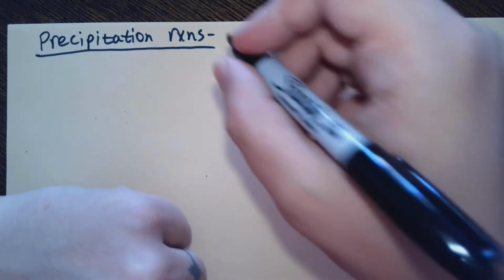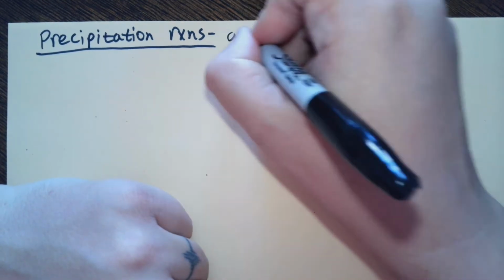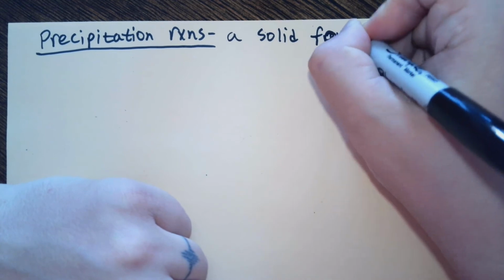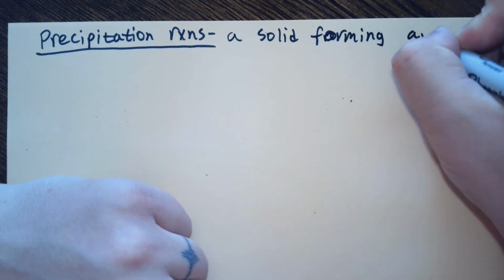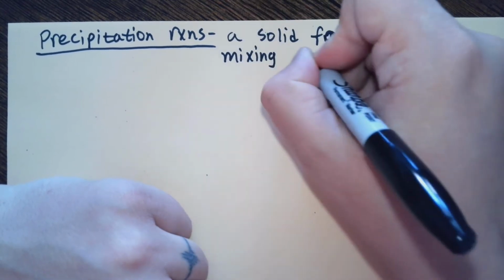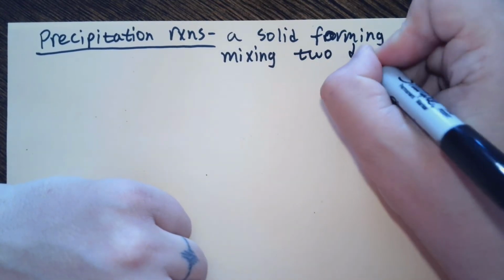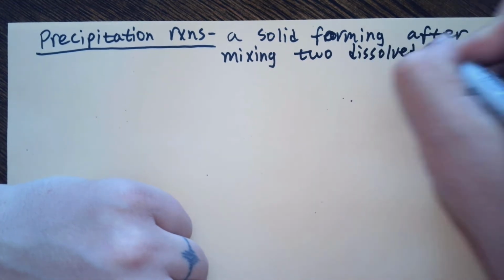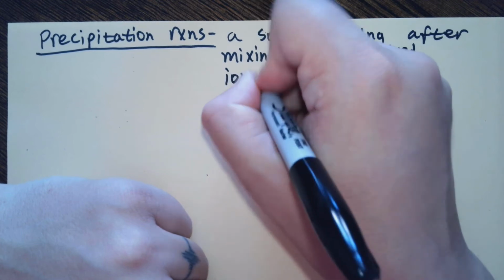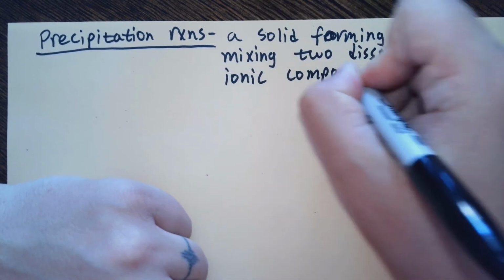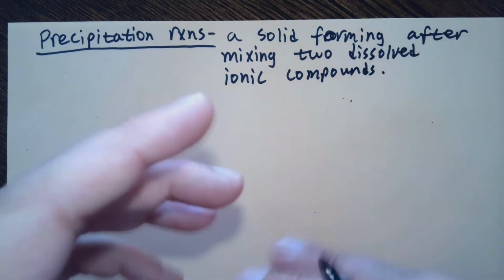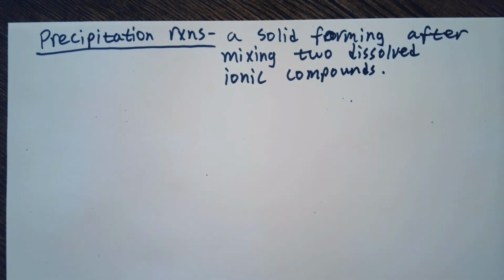And so a precipitation reaction results from a solid forming after mixing two dissolved ionic compounds. So you take two aqueous solutions, they're going to be dissolved in water, you mix them together, and something is no longer soluble in the water.